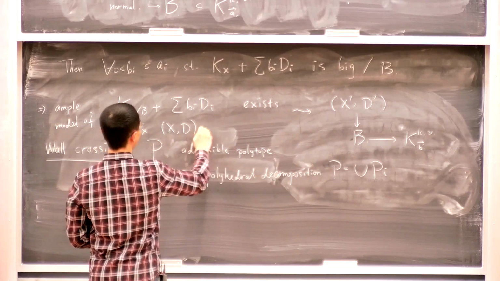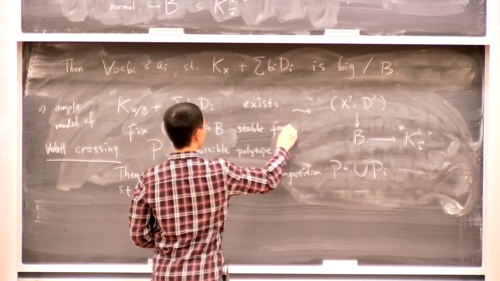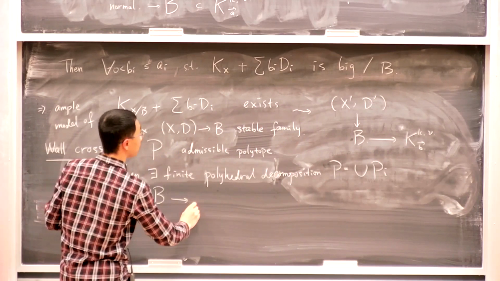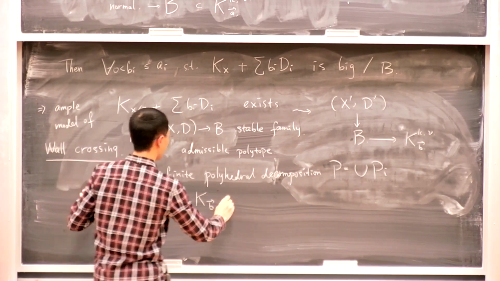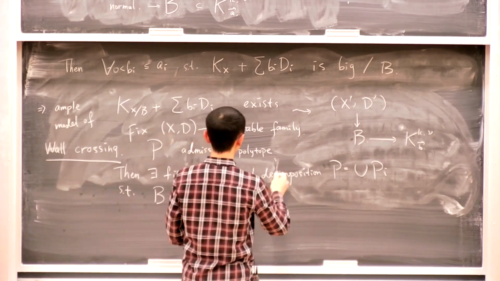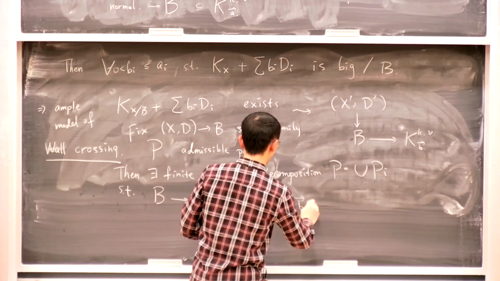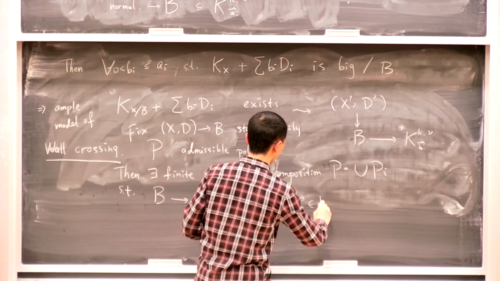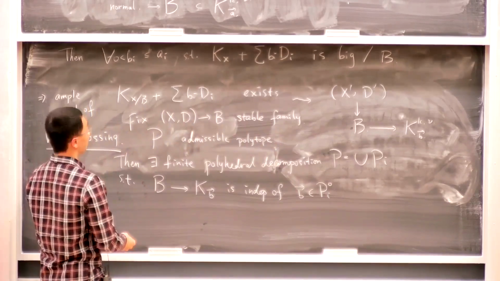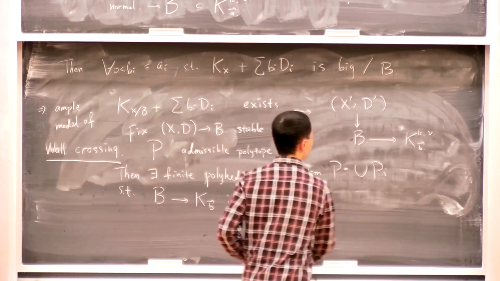So I fix this stable family, such that this reduction morphism is independent of b as long as you vary the coefficients in the interior of the same chamber. I'm a little bit short of space here, so I'll continue on this one.